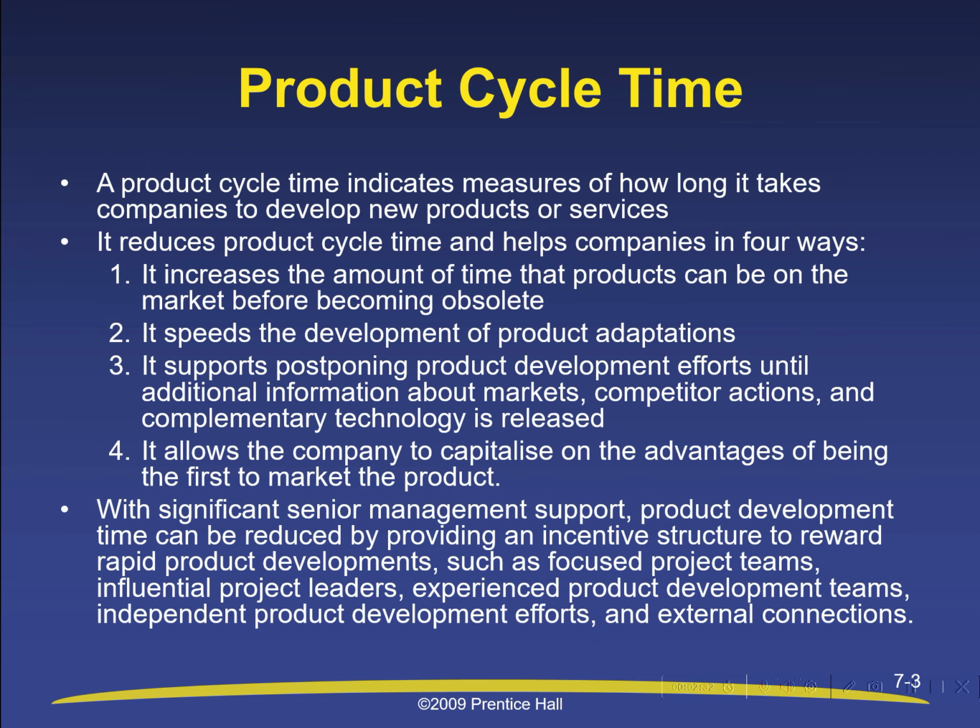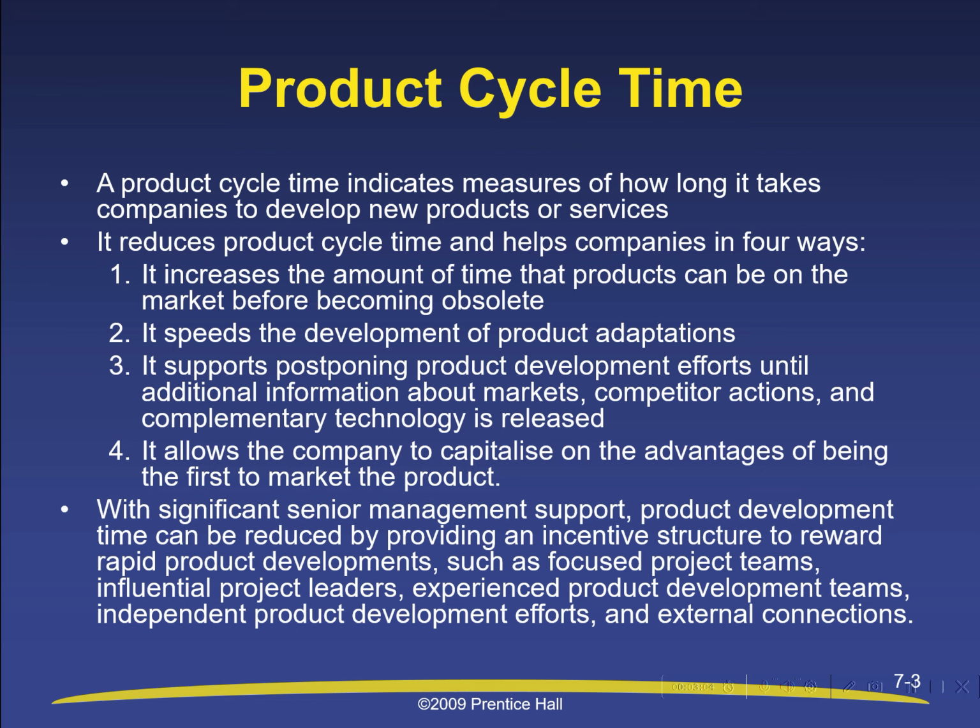Product cycle time. Product cycle time measures how long it takes companies to develop new products or services. Reducing product cycle time helps companies in four ways. Number one, it increases the amount of time the product can be on the market before becoming obsolete.